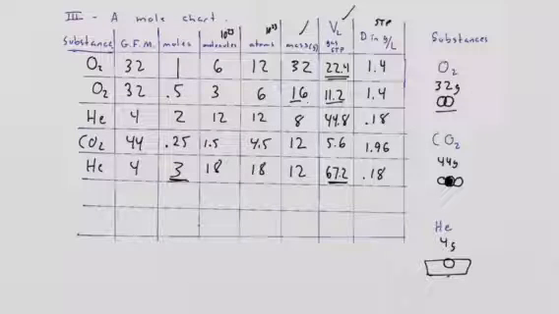All right, so those are the answers, and I'm just going to quickly go through what I did. I knew I had 1/4 of a mole here, and I knew that 1/4 of a mole weighed 12 grams. So if 1/4 mole weighs 12 grams, that means a whole mole must weigh 44 grams, and because of that, I figured out it's CO2. Okay, so the sample I had was 1/4 of a mole, and a whole mole is 6 times 10 to the 23rd molecules, so 1/4 of a mole would be 1.5 times 10 to the 23rd molecules.